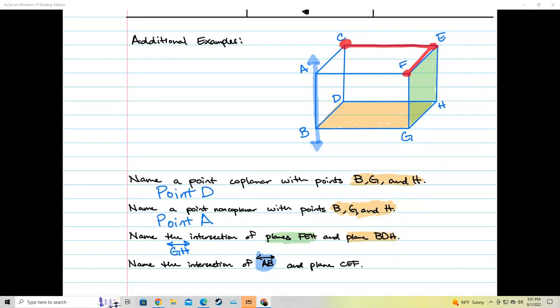CEF looks to be like the top part of that box. So I'm going to highlight the top part of the box. I'm going to do that one in pink. CEF. There we go.